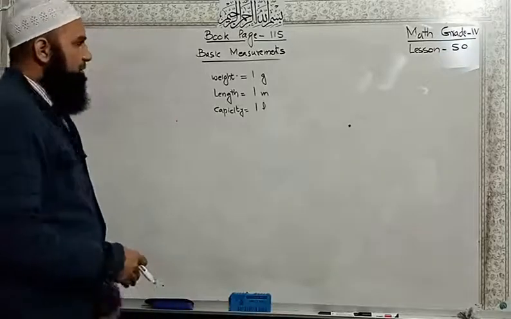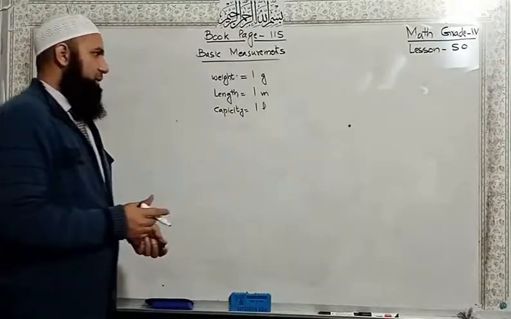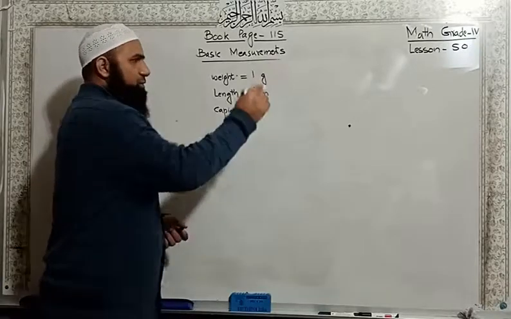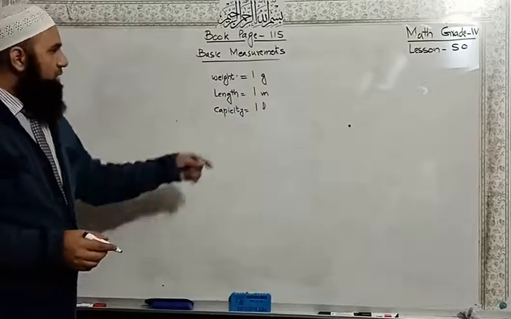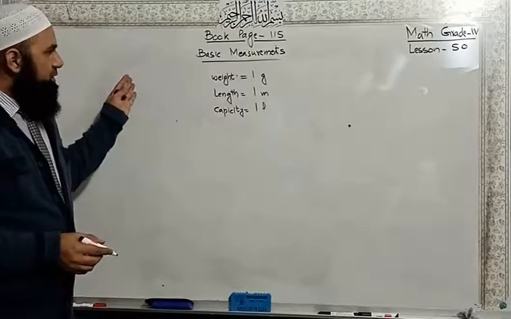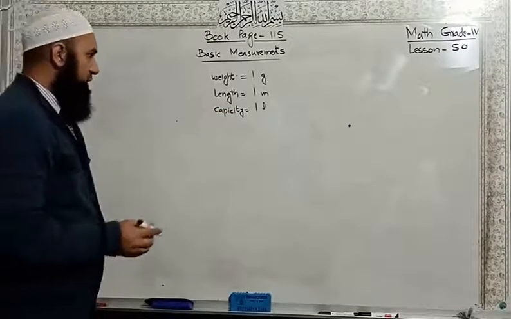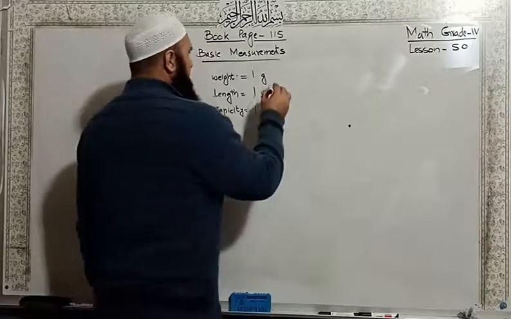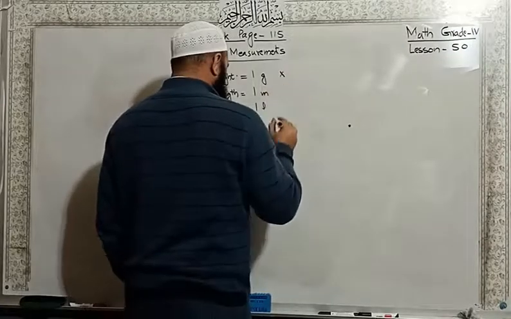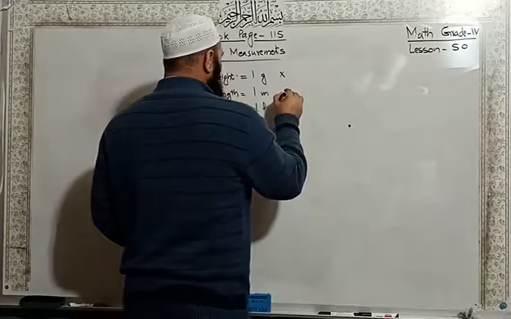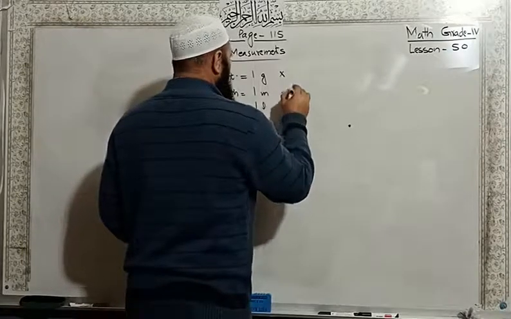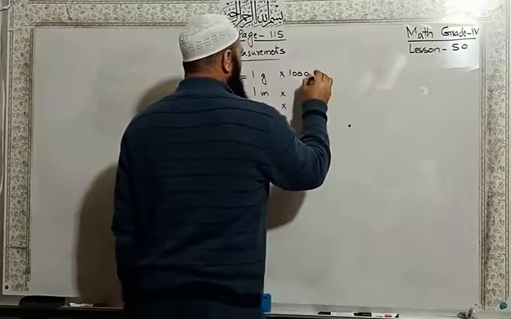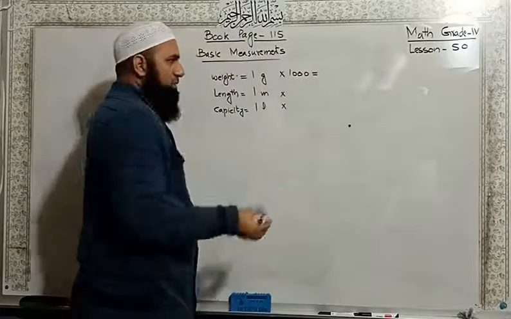For our requirement, we can change these basic units into some larger units, and we can also change these basic units into smaller units. First we change into larger units by multiplying by 1000. When we multiply 1 gram by 1000, this will become 1000 grams.